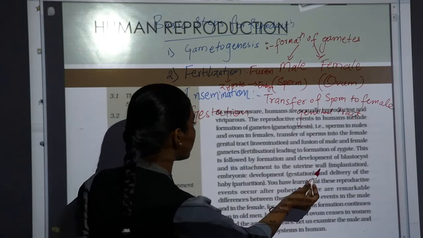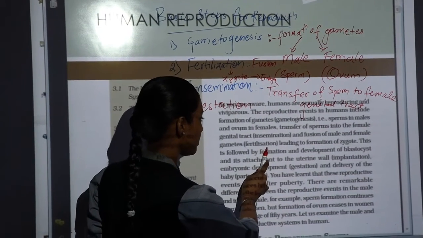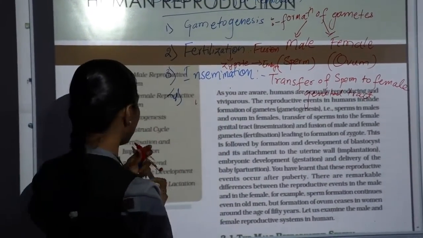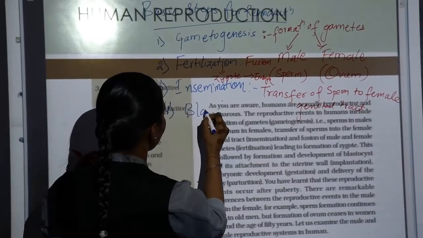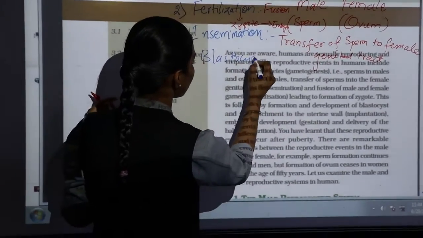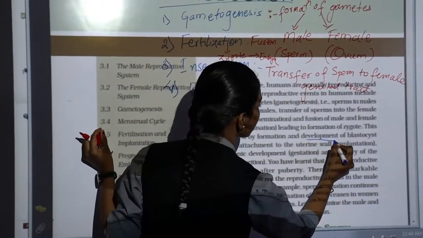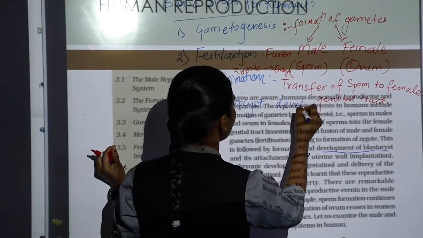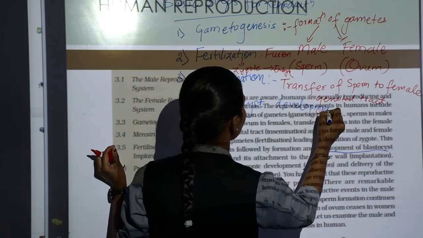Here you can see we have seen the fertilization step. Once the fertilization step is done, the next step is blastocyst development.